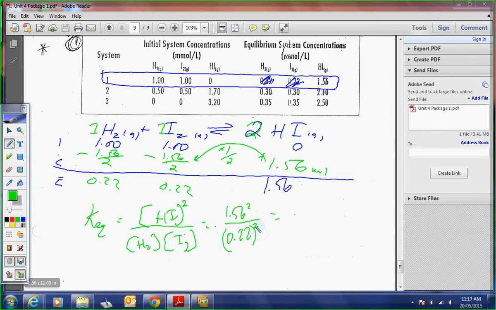And tappity tap tap your calculator, what do you got? 50.23. Well, 2.8, but 28, so 3. Units? Liters per mole. Oh, no, nothing. Nothing.